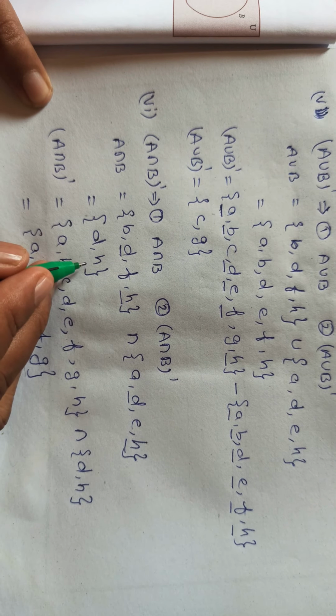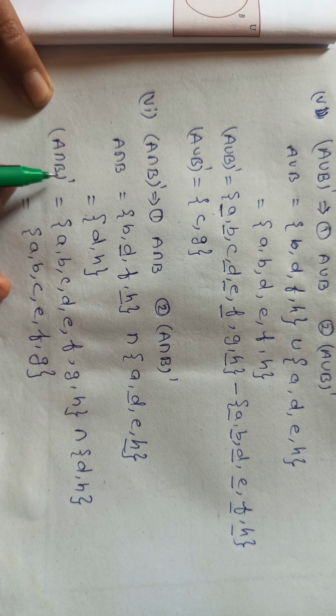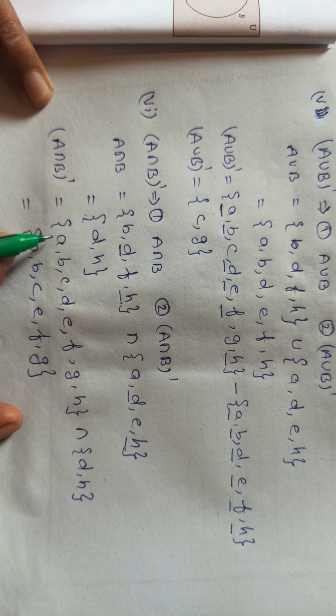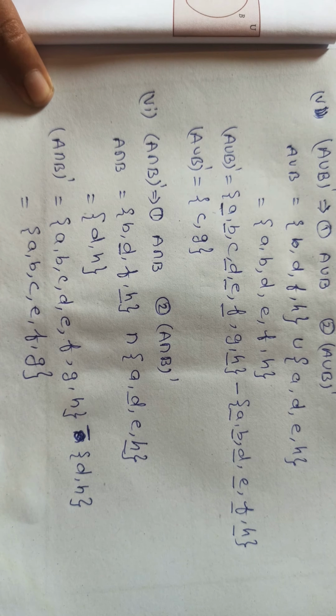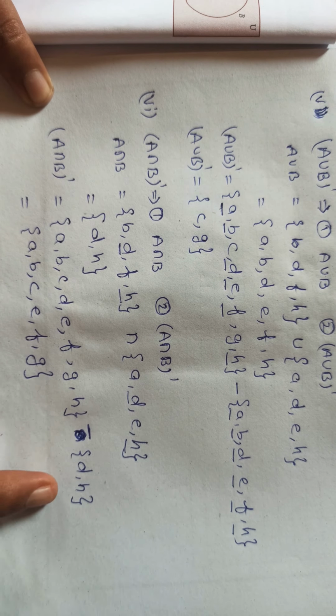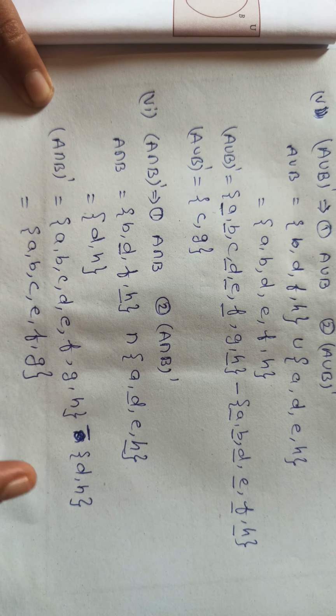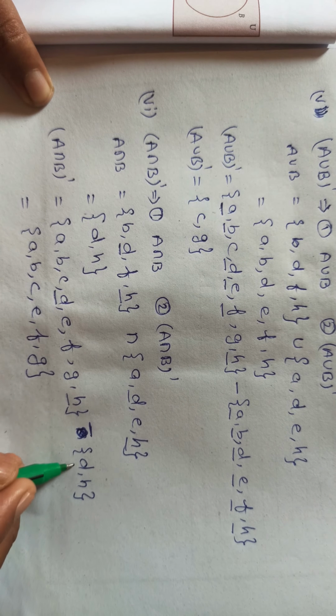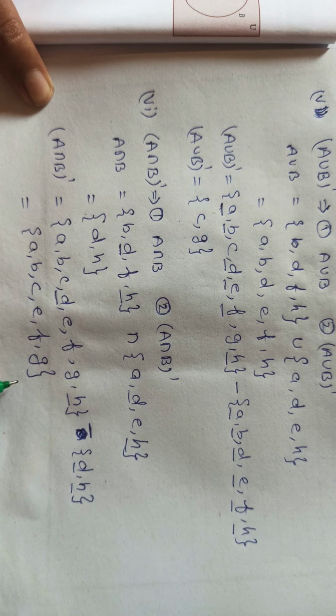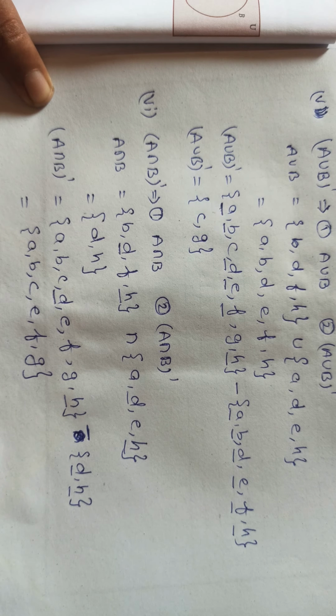We write D comma H. Then A intersection B whole dash is U minus A intersection B. So this is being replaced by minus sign. It is D comma H. So except for D and H, we write all the values here. Okay, this is how we complete A intersection B whole dash.